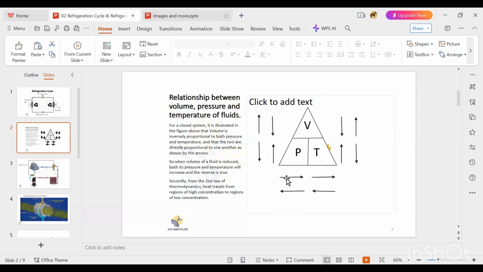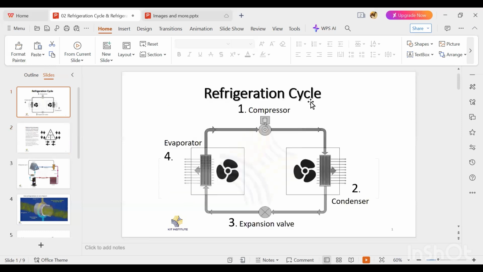Then down here, we can see the relationship between P and T, pressure and temperature. When pressure increases, temperature also increases. And when temperature reduces, pressure also has to fall down. That is by the indication of the arrow. So you need to understand this relationship if you're to go on with our refrigeration systems or refrigeration cycle.